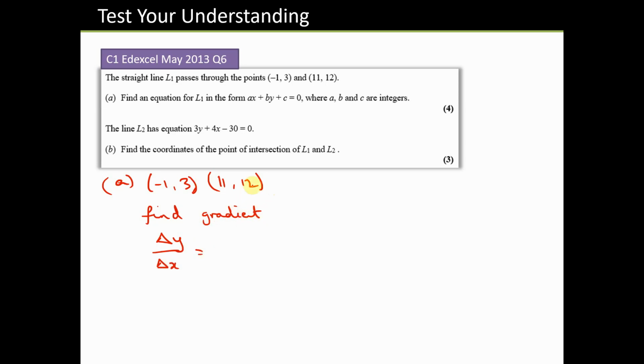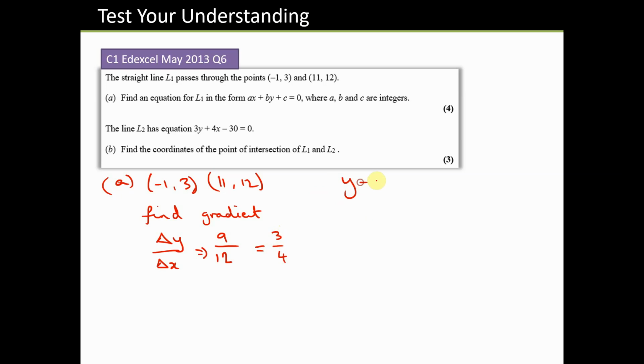The change in my y values here is 9, 12 take away 3. And the change in my x values is 12. Make sure you didn't say 10 for that, because we're going to -1. So the gradient here is 9 over 12, which we can simplify to 3/4.